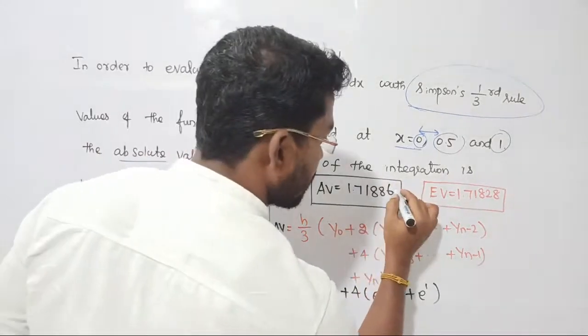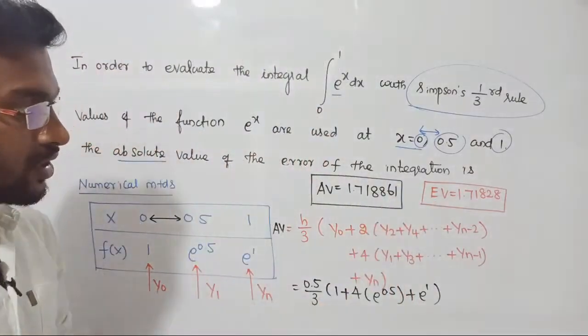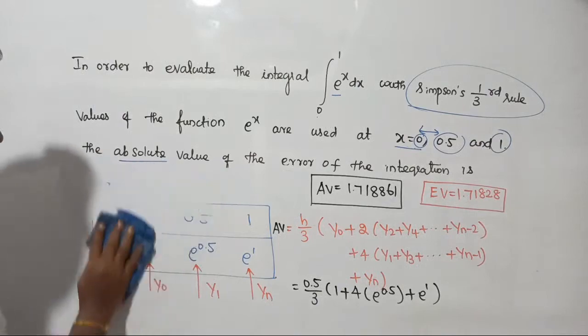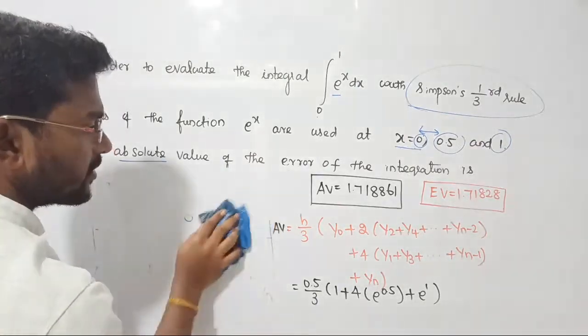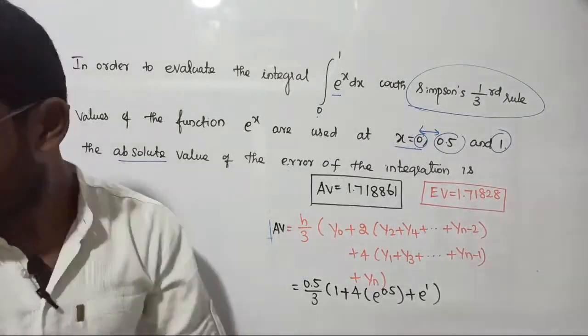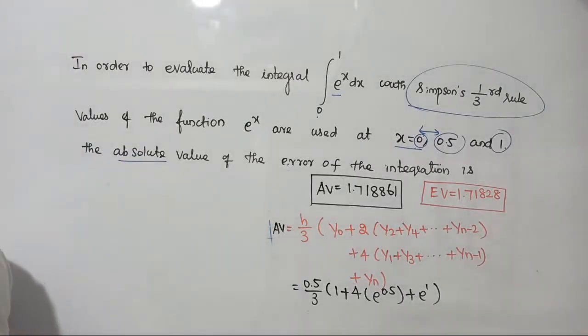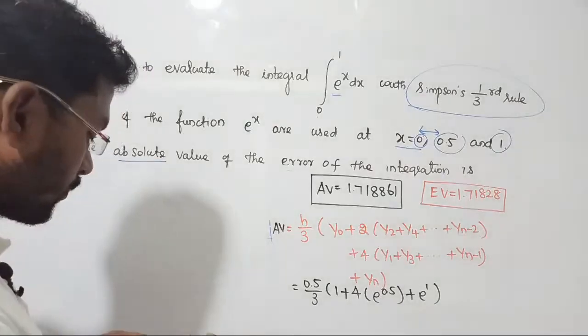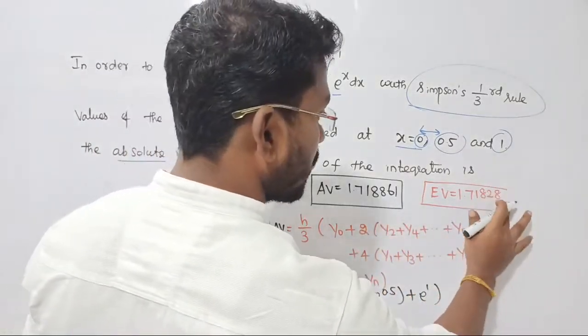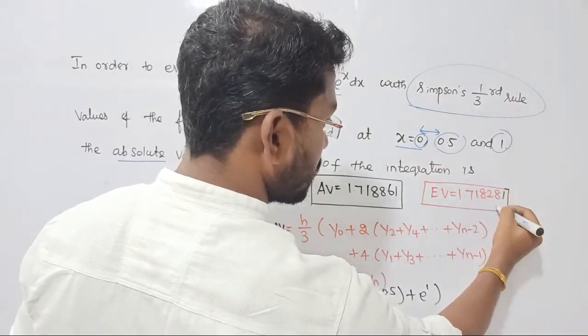So the next digit also I am considering, because in the options they are considering 6 digits. First let me write the options. Okay, no problem, right? We can easily bring the exact value, it's very easy. Let me bring one more digit, that's not a big deal for me. 71828. Here also we are getting 1 only, last digit.